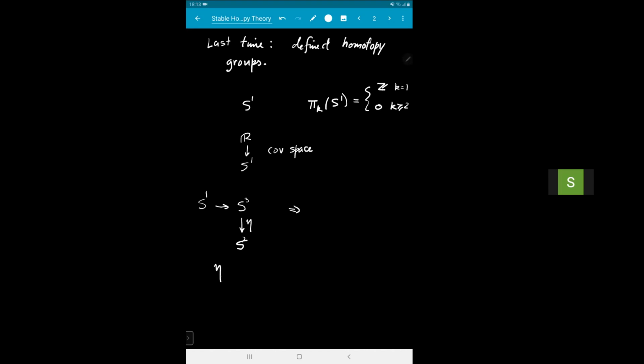This tells you that pi_k of S^2 is isomorphic to pi_k of S^3 if k is bigger than or equal to 3, and pi_2 of S^3 is of course 0, and pi_2 of S^2 is isomorphic to Z.